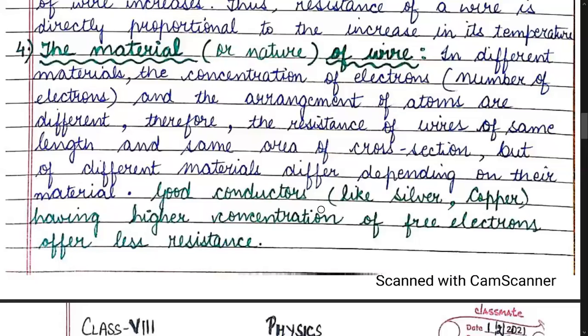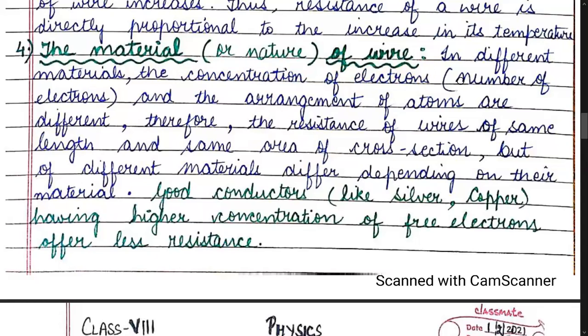The last factor is the material or nature of wire. In different materials, the concentration of electrons, students, concentration of electrons means number of electrons.